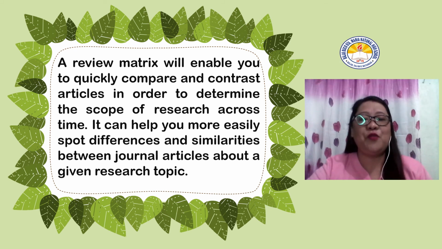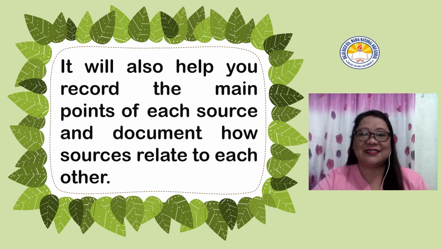It can help you more easily spot differences and similarities between journal articles about a given research topic. It will also help you record the main points of each source and document how sources relate to each other.